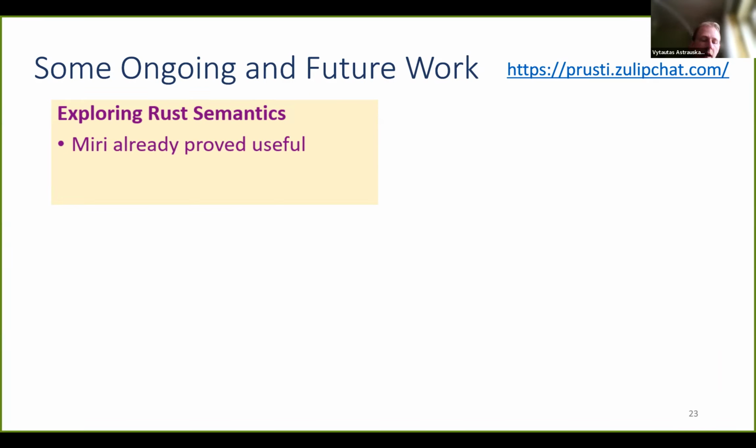Rust doesn't have formal semantics yet. So the community is using Miri to play around, and as a useful tool for programmers to see whether we want specific semantics or not.